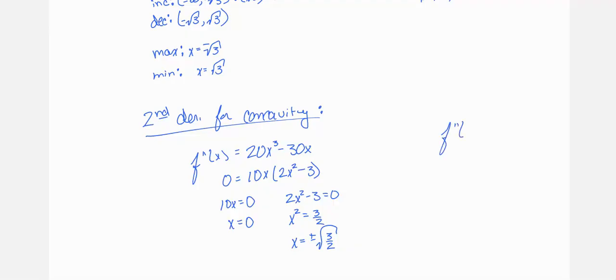And then we are going to create a sign chart for the second derivative. Again, the domain of the original polynomial is all real numbers. We're going to put in negative square root of 3 over 2 and positive square root of 3 over 2. Square root of 3 divided by 2 is about 1.2. So what am I going to use for test values?